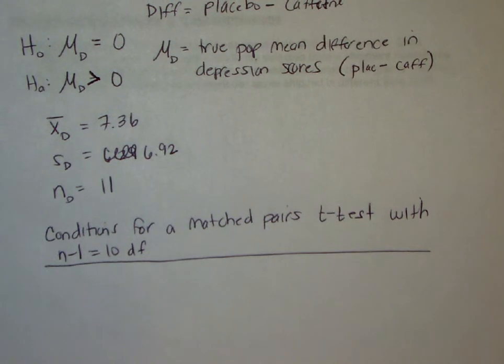If you don't know sigma, which is most likely when dealing with means, you are on a t-test, and you have to worry about your degrees of freedom.